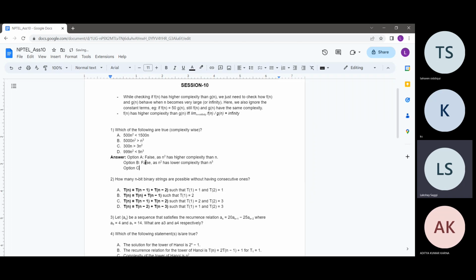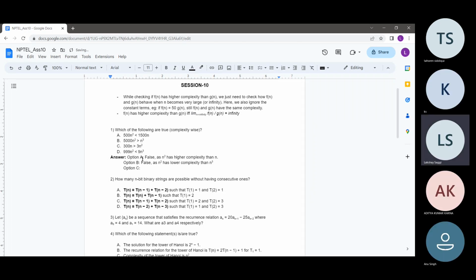So now comes option C. Option C again, this side has the coefficient of n and this side has a coefficient of n square. So n square grows faster than n. We can just see it using limits also, limit n square by n is equal to n. When n goes to infinity, this will go to infinity. So in fact, this will grow faster. So this should have a higher value than 300n, including the constants.